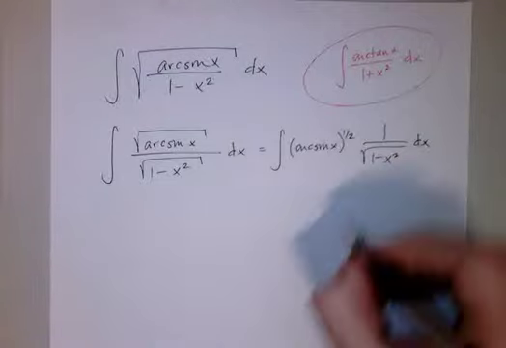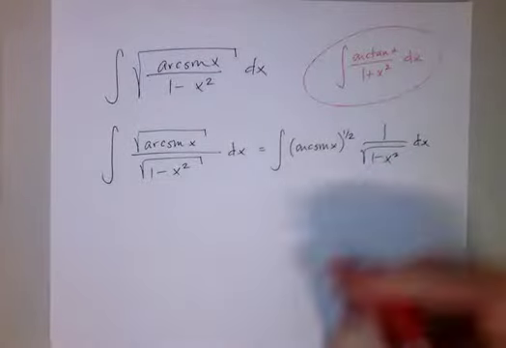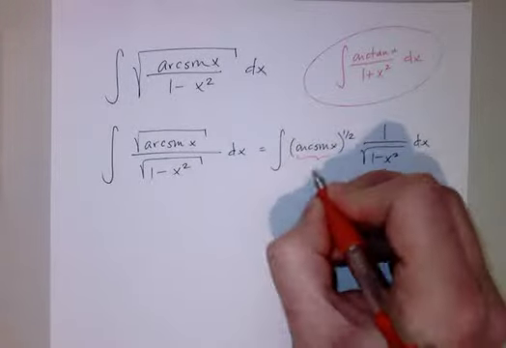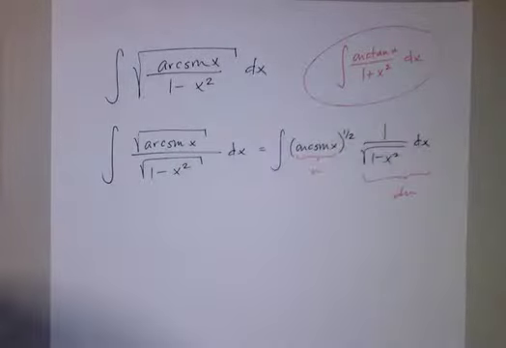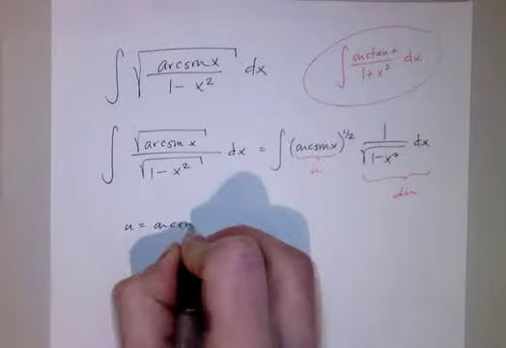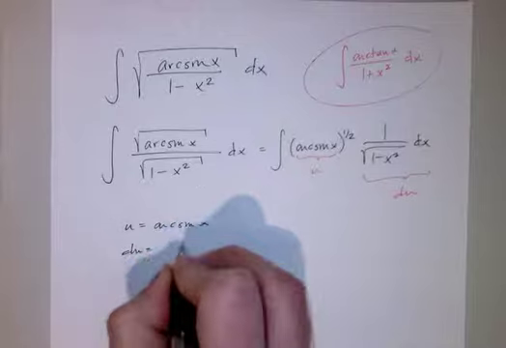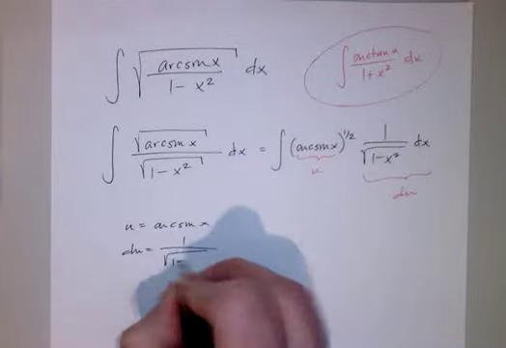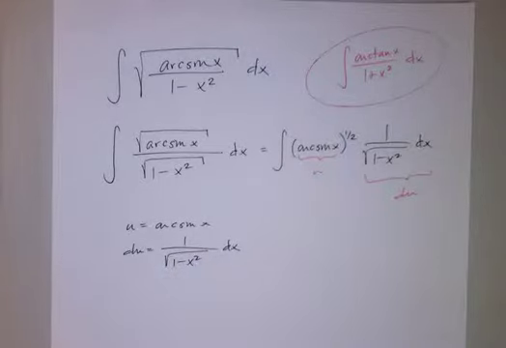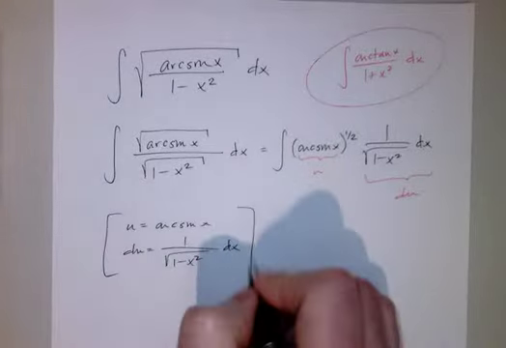This over here is obviously my du if my u is arc sine x. Remember, u is arc sine x. Du winds up being 1 over the square root of 1 minus x squared dx, or you can put the dx up in the numerator, it doesn't really matter.